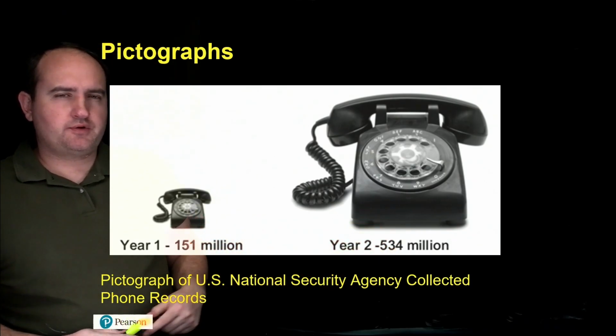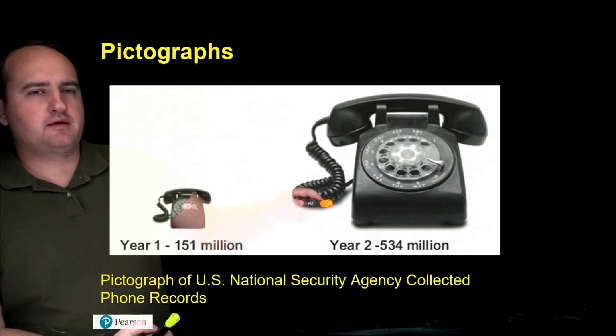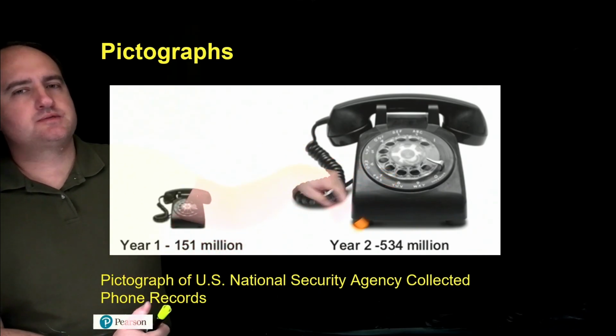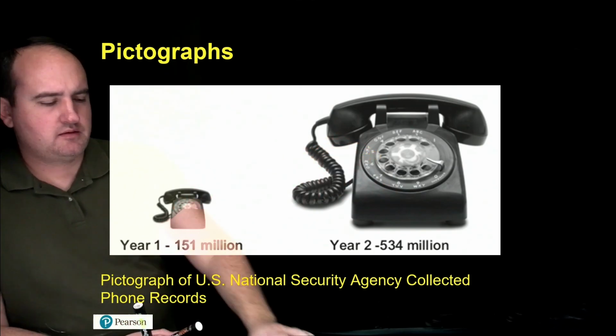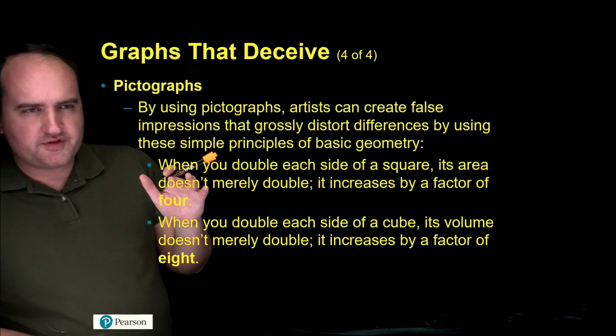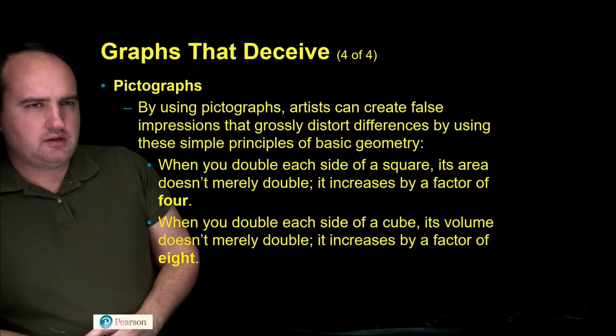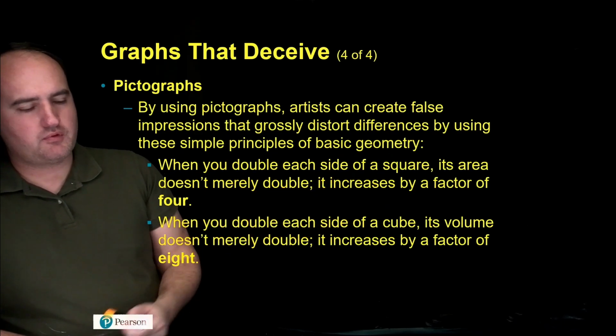The actual numbers are only 3 or 4 times apart, whereas the area of the figure on the right is closer to 10 times. So as you can see, if we go back to this slide, if you're doubling the side of a square, its area doesn't double, it increases by a factor of 4.